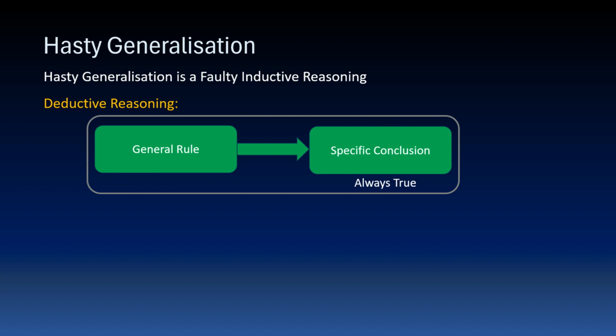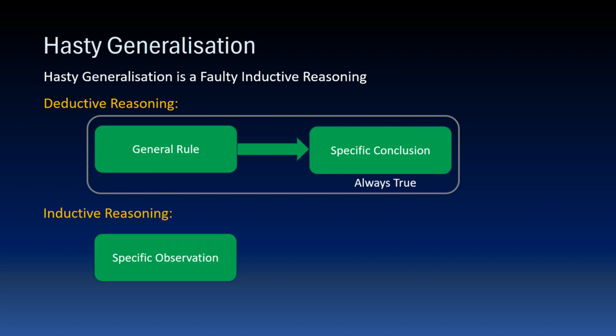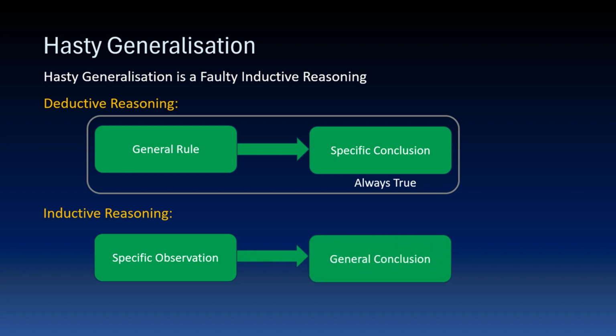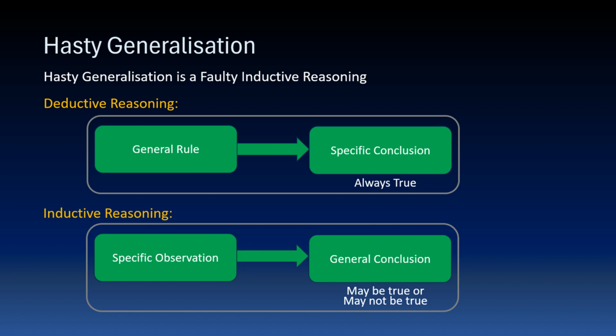Whereas in an inductive reasoning, from a specific observation, general conclusions are drawn, which may not be true all the time. Here in our case, hasty generalization falls under the category of inductive reasoning. We say hasty generalization is a faulty inductive reasoning because it generally results in wrong conclusions.